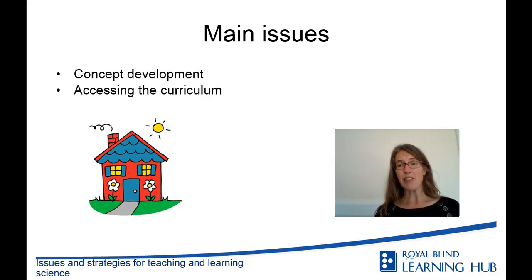We use a lot of diagrams in science teaching, and relating these 2D flat drawings to the actual objects they represent can be challenging as well. So when we're teaching science, we need to reinforce, using very explicit language and lots of opportunities to look at variety and differences, to strengthen the visually impaired learner's understanding of concepts.